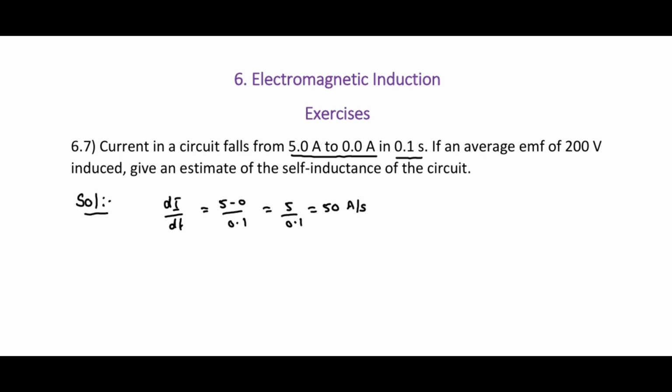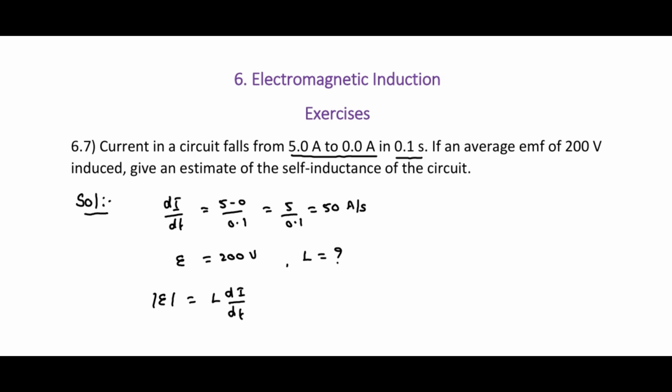And the average EMF E is equal to 200 volt, that is induced. Now we need to find out the self-inductance. We have E is equal to L di by dt.